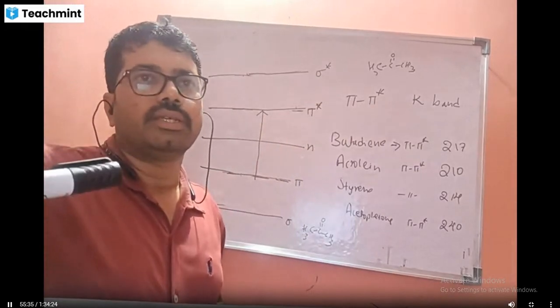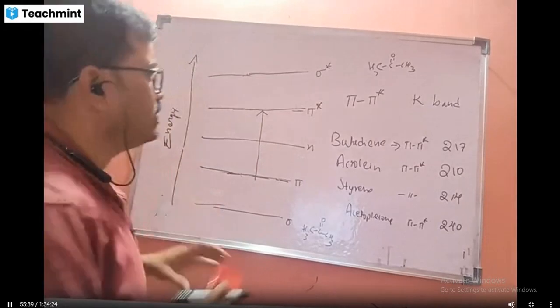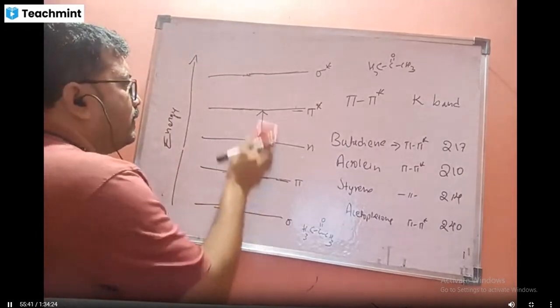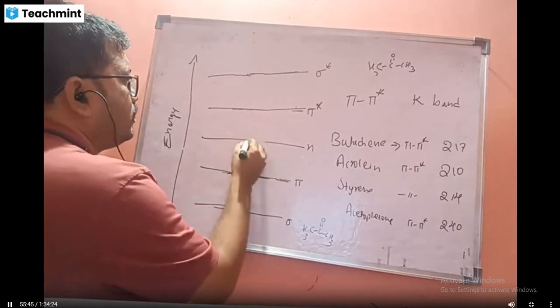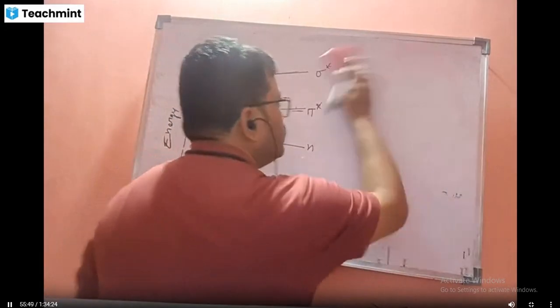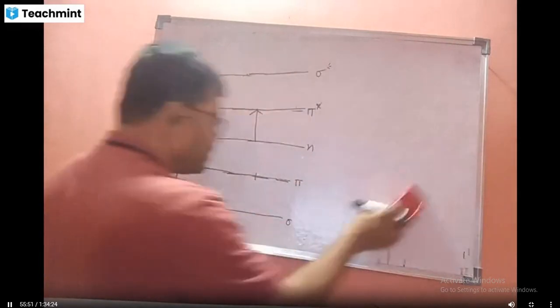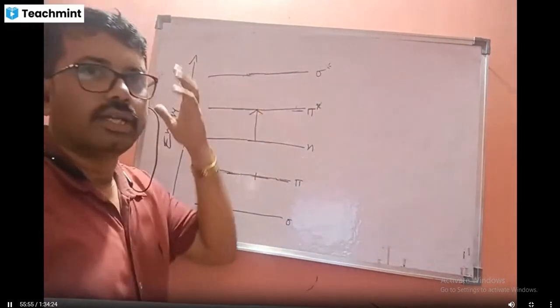The fourth type is n to pi star transition. N to pi star. These molecules are also important. If there is a double bond, pi to pi star, then n to pi star next.